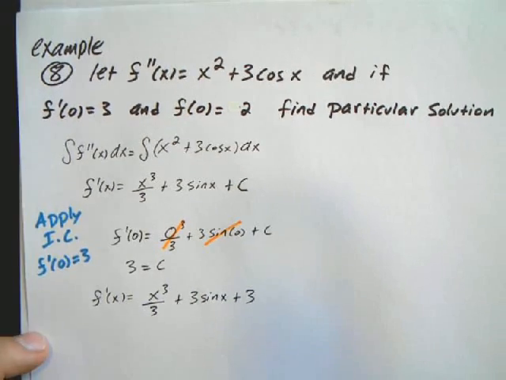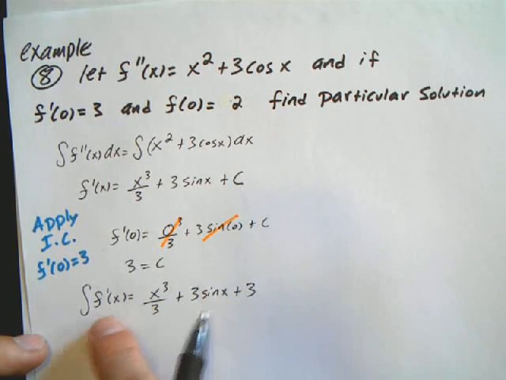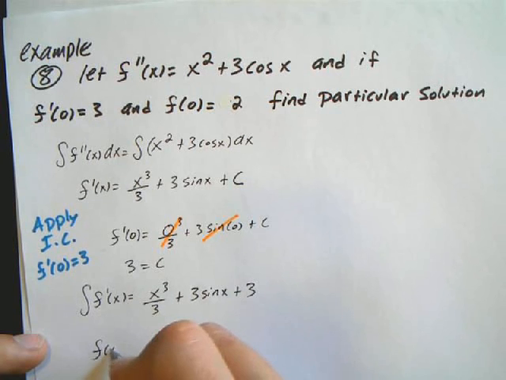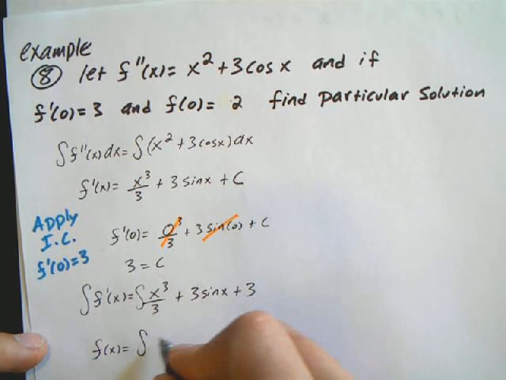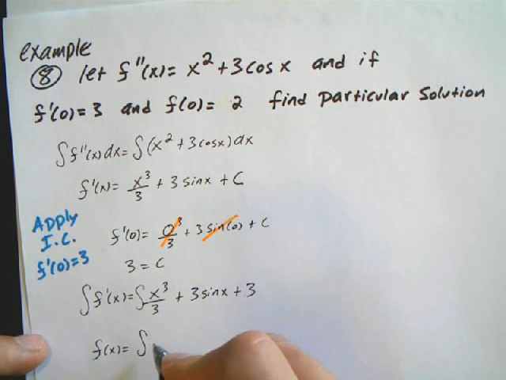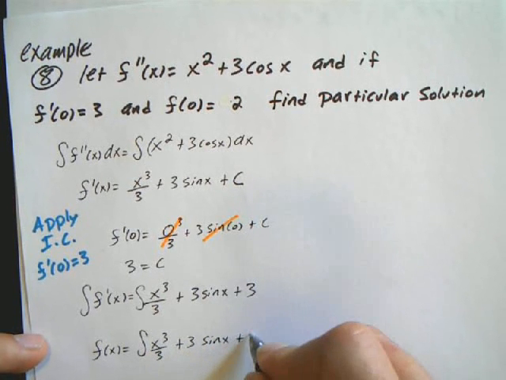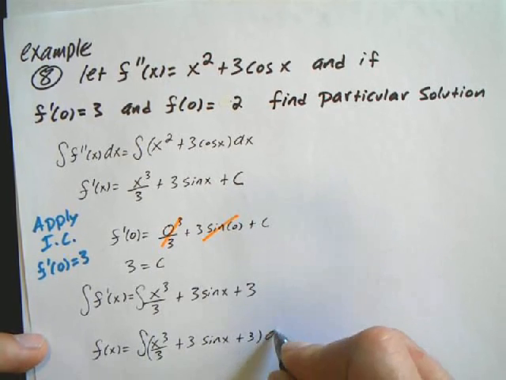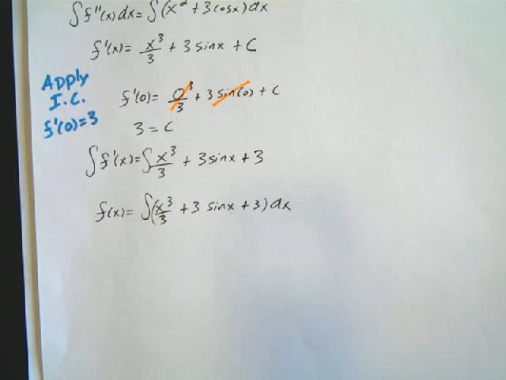Now I want to work my way back all the way to the function, so I have to take one more integral. If I take the integral of f prime, I end up with f of x, so that's going to be the integral of x to the third all over 3 plus 3 sine of x plus 3 dx. Then I have to apply some power rules here.